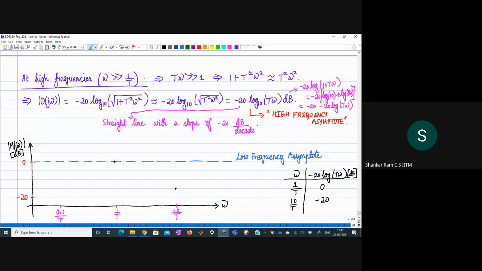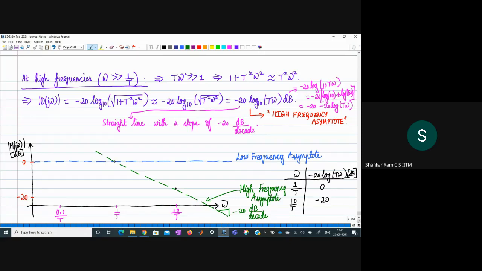So we can immediately say that the high frequency asymptote will be a straight line that will pass through these points, and it will have a slope of minus 20 decibels per decade. This is the high frequency asymptote.